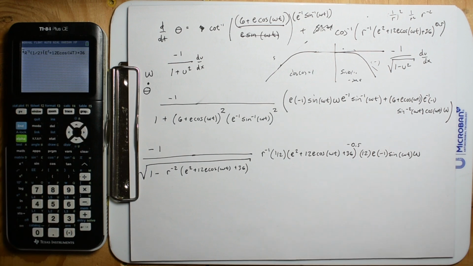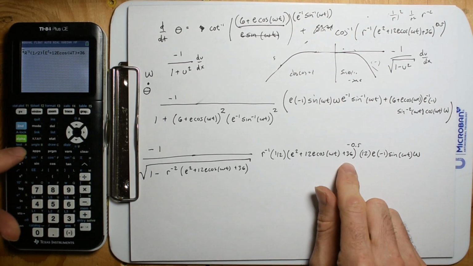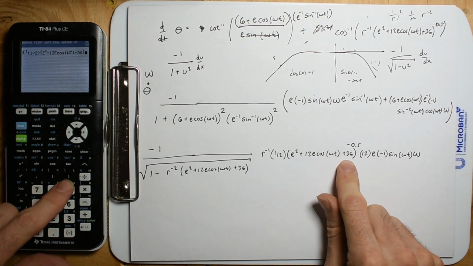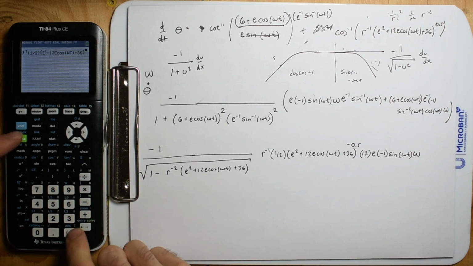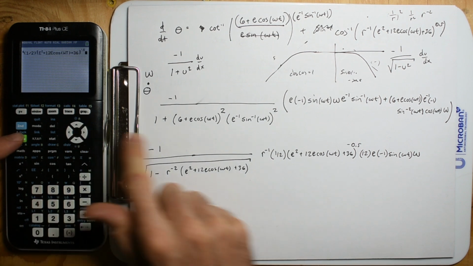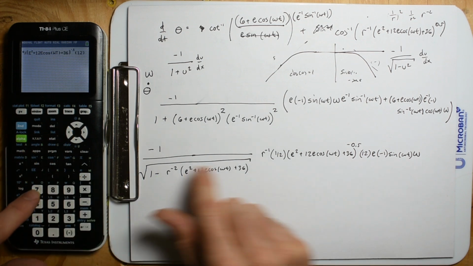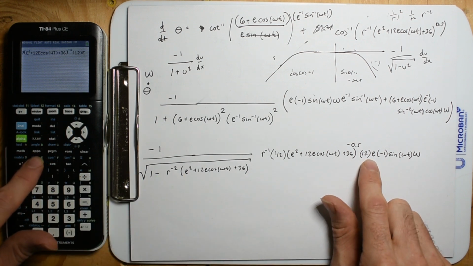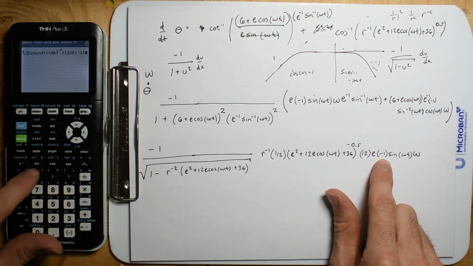All right, this is brutal. So bracketed in, and this is an inverse square root, so we have to the negative 0.5. And then we have 12. I'm going to bracket in the numbers. Alpha e, negative 1, sine.